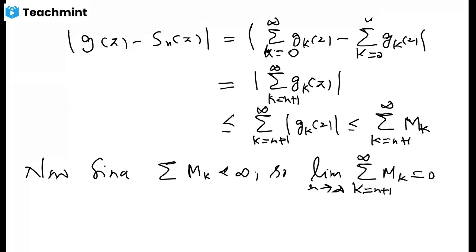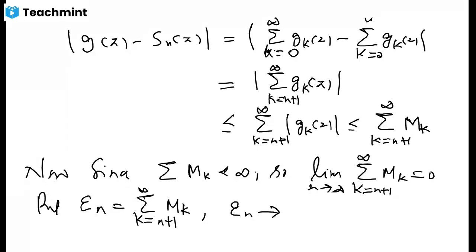This is one of the results on convergence of series of positive numbers that you can see from real analysis. If you have forgotten it, it is good to understand this result also. So if we put epsilon_n equal to the sum from k = n+1 to infinity of M_k, then from the above we get that epsilon_n goes to 0 as n goes to infinity.